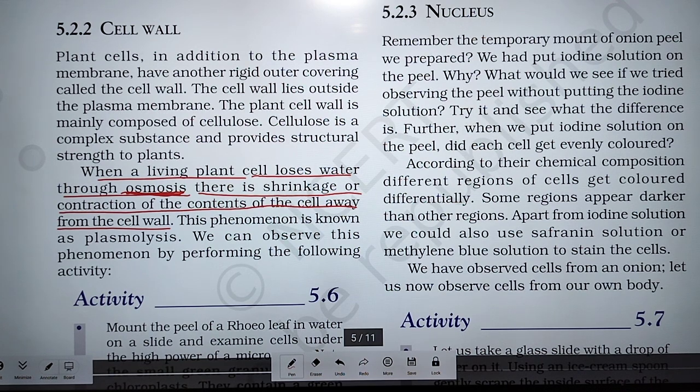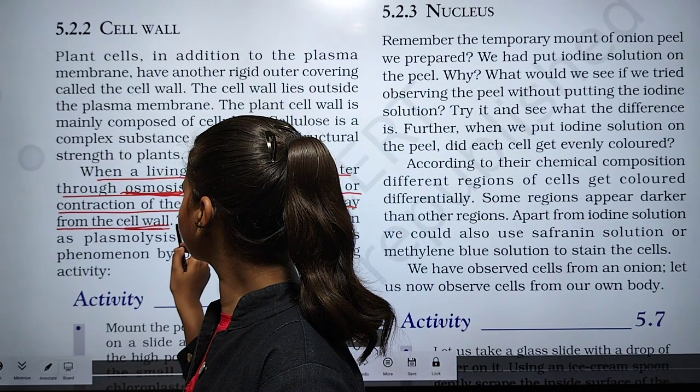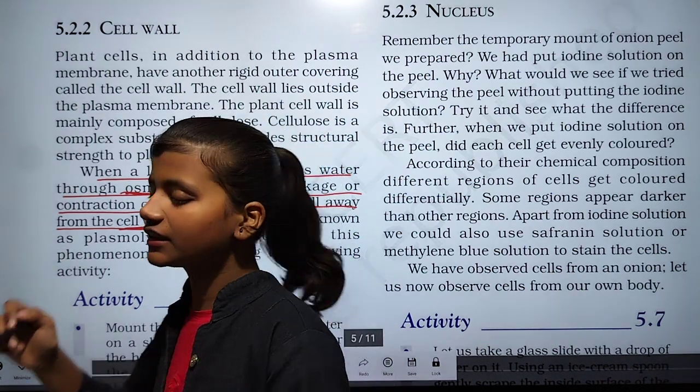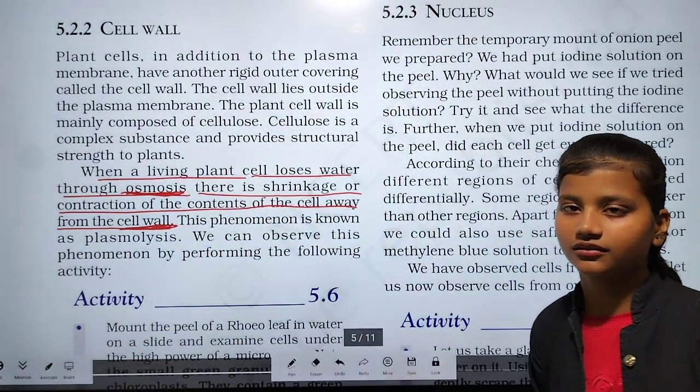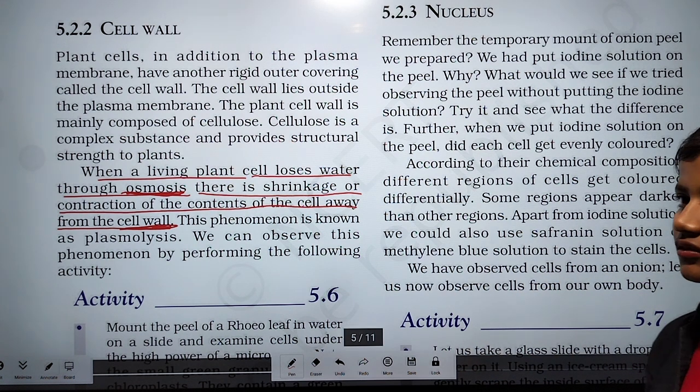It means the cell wall helps the cell so that it cannot shrink or contract.